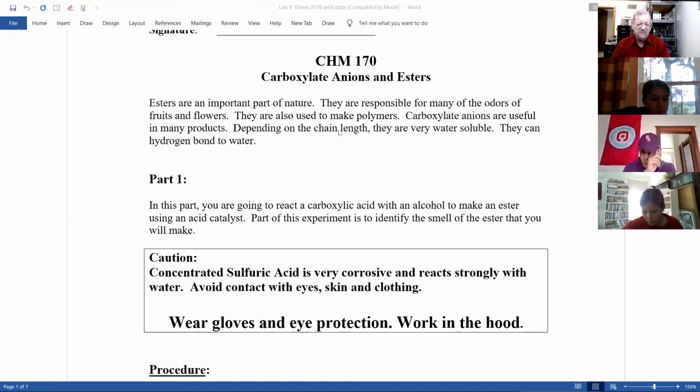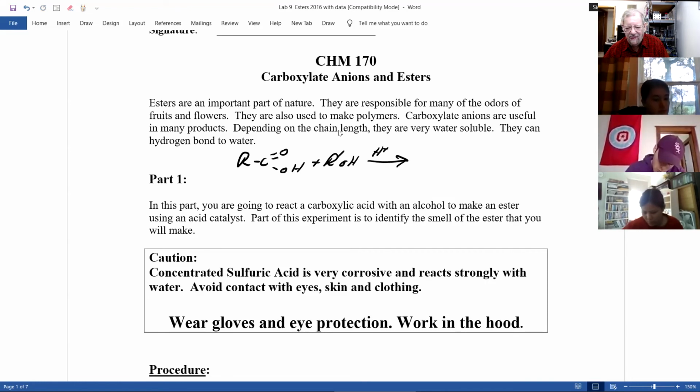Now, the first part and second part, you're going to be working with this reaction. If you take a carboxylic acid and an alcohol, you make an ester.